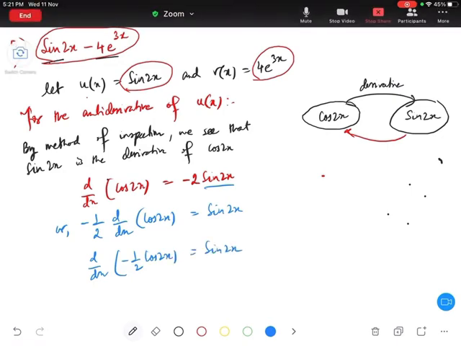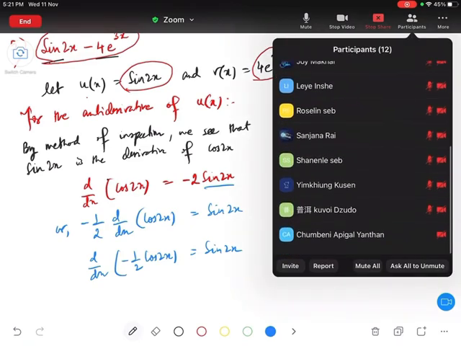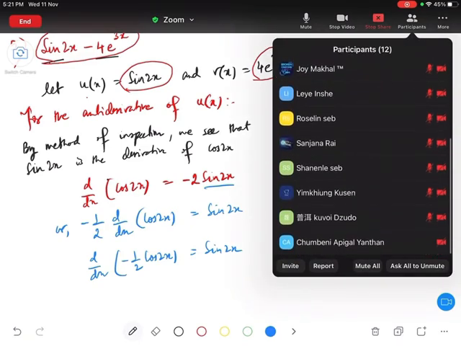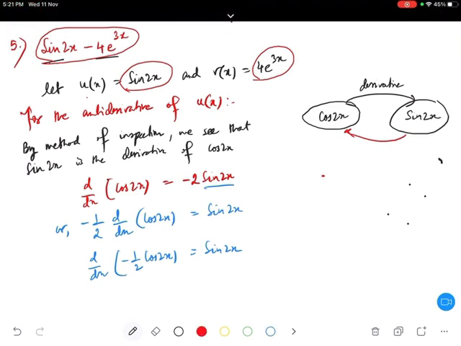Okay, clear? Yes or no? Understood? Now if you look at this carefully, the derivative of minus half cos 2x is sin 2x. So the antiderivative of sin 2x is minus half cos 2x. Simple as that. All we need to find is the actual derivative.